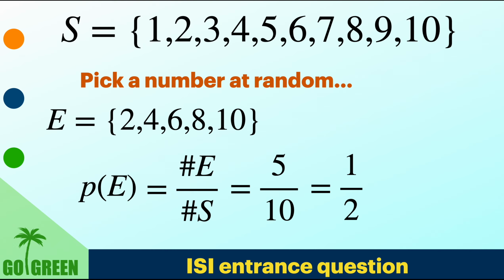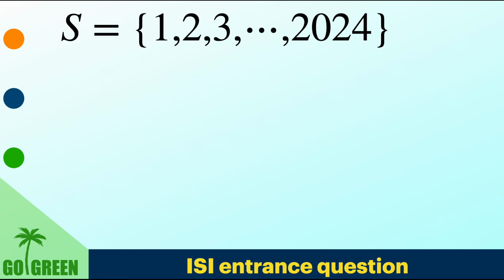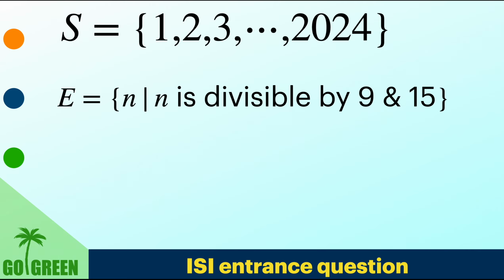Fine. So now coming back to our original problem, the list is now big. There are 2024 numbers, 1, 2, 3 and so on, and our event is what? The event in this case is that we will collect one number n inside E, of course from this list, such that n is divisible by 9 and 15.